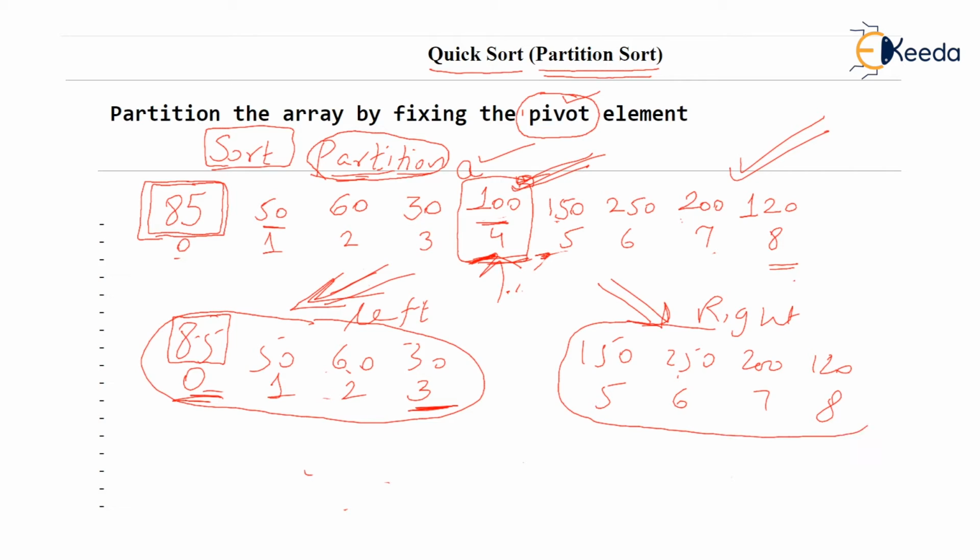But while sorting, you will try to fix the pivot 150, the leftmost again over here, between 5 and 8, because this is your playing area now, 5 to 8. You will fix 150 such that everything to the left of 150 is less than or equal to 150, and everything to the right of 150 is greater than 150. Well, if we keep doing this, we will get all the elements fixed at their proper place.